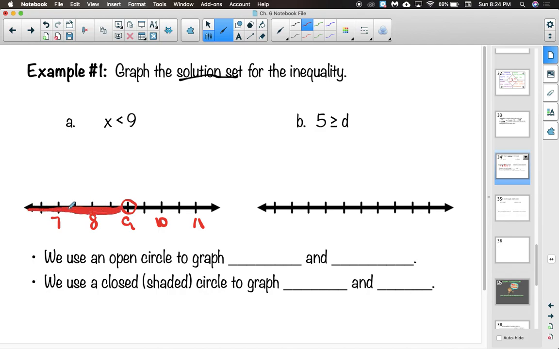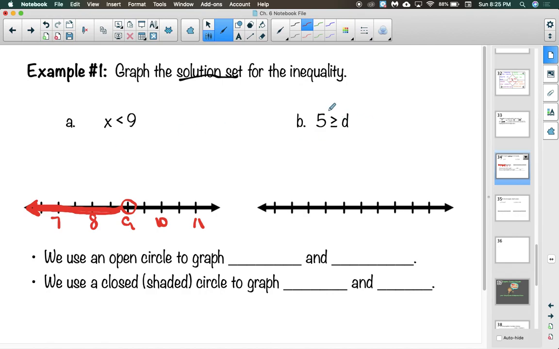I shade up my number line and then I shade my arrow to show that my solution is every number smaller than 9. That includes 7, it includes 8, it includes 0, it includes negative 4,372. It also includes any decimals, fractions, whatever in between. Okay, so that's what we do to end our inequality problems.